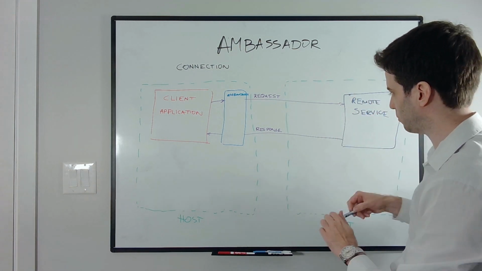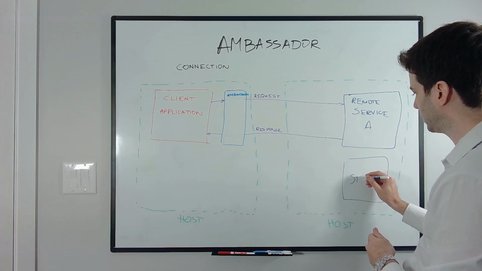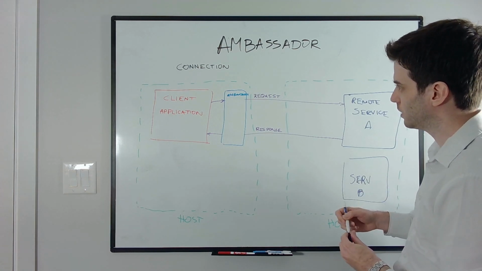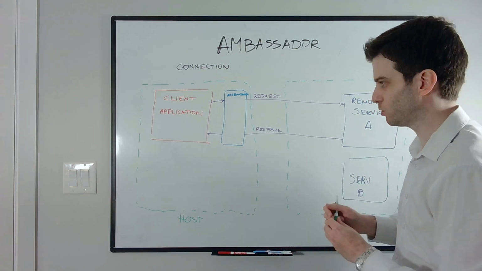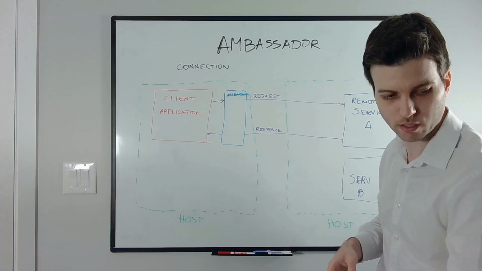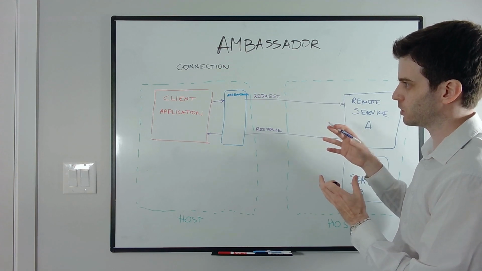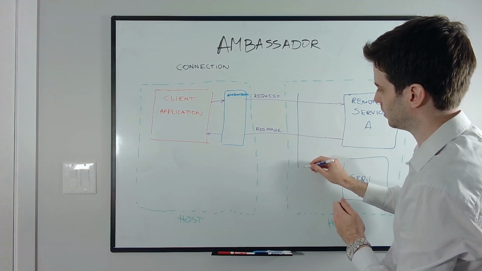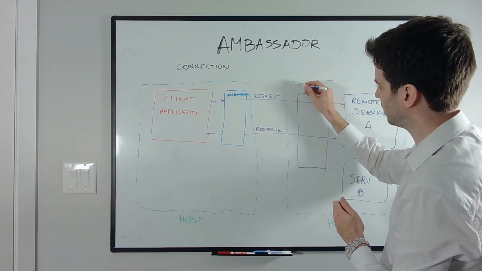If I have more than one service, for example service A and service B, how is the request routed to it? I may need to offload the connectivity functionalities to something else, which is doing a function very similar to the ambassador, but on the service side. And in this case, it's a gateway.